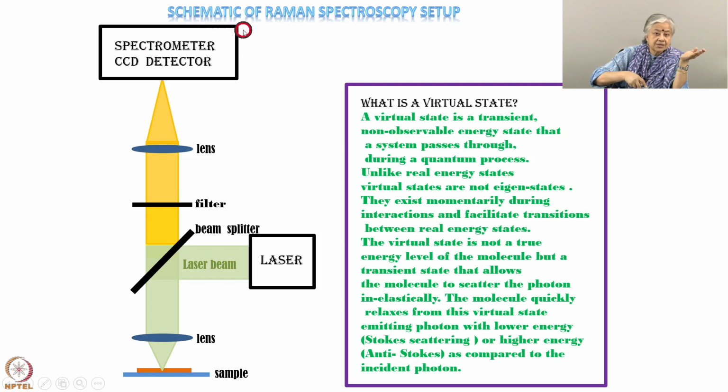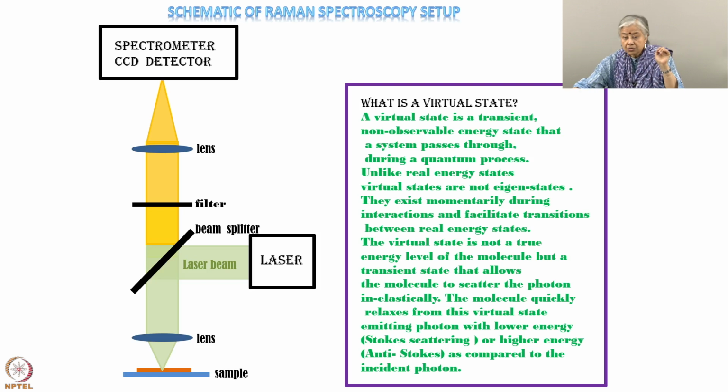The spectrometer will have a grating and multiple lenses and prisms and such to separate out those wavelengths that you are looking for, and then you have a CCD detector to detect its intensity. So, this is a general schematic setup of a Raman spectrometer.